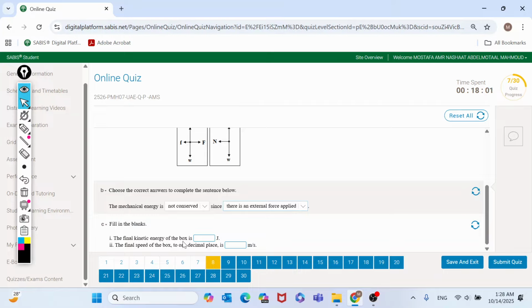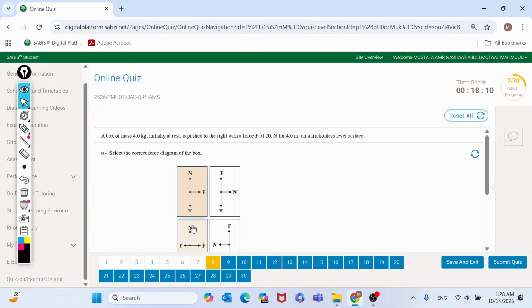The final kinetic energy of the box, okay. The way you find kinetic energy is through work. Work equals delta kinetic energy.